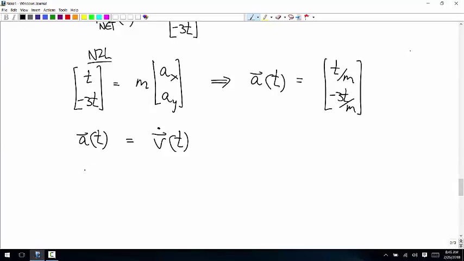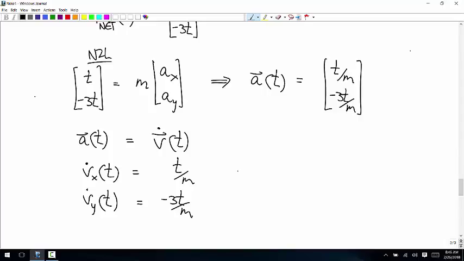So we can write this as the x component of the velocity time derivative is equal to t over m, and the y component is equal to negative 3t over m.